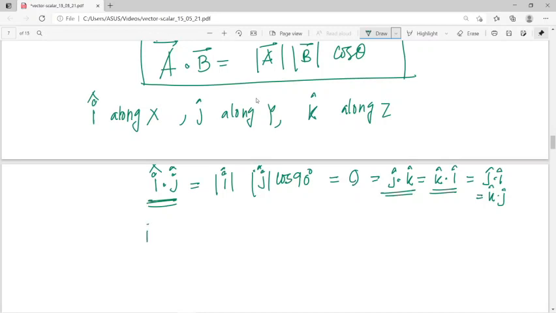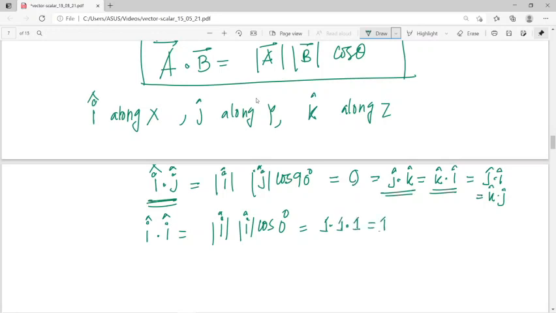Now if we consider i cap dot i cap, the two vectors are in the same direction, so the angle between them is 0. The magnitude of i cap is 1, since a unit vector is one whose magnitude is unity, and cos 0 is also 1.